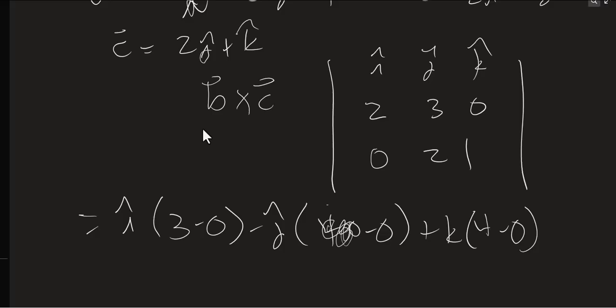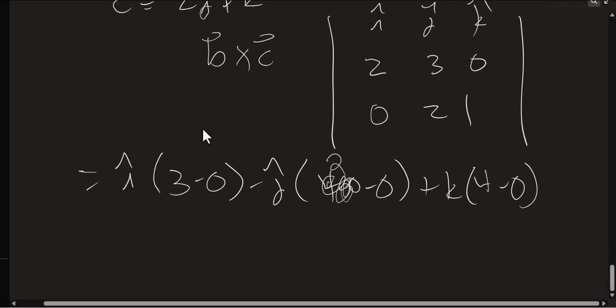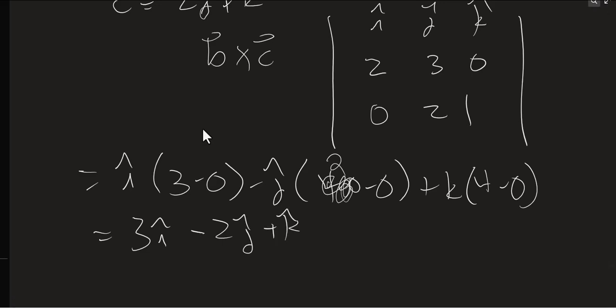J should have been 2 minus 0. I, 3 minus 0. J, 2 minus 0. K, 4 minus 0. So I get 3i minus 2j plus 4k. So that's B cross C.